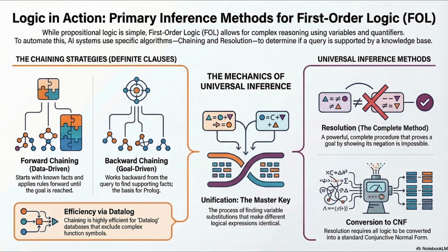To the computer, strictly speaking, X and John are entirely different symbols. It doesn't inherently know that John is allowed to step into the shoes of X. It's like the computer is saying, I have a rule for X, but who is this John guy? Exactly. We need a mechanism to bridge that gap. We need an algorithm that says, aha, John is a valid substitute for X. And that bridge is what we call inference.